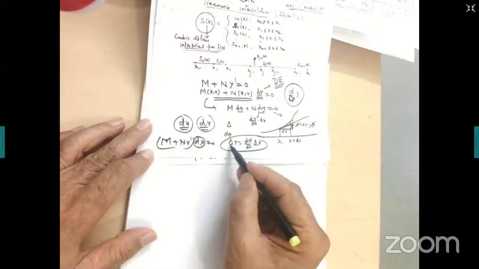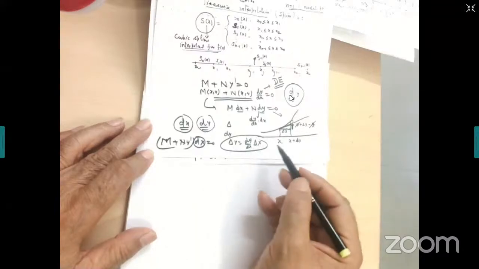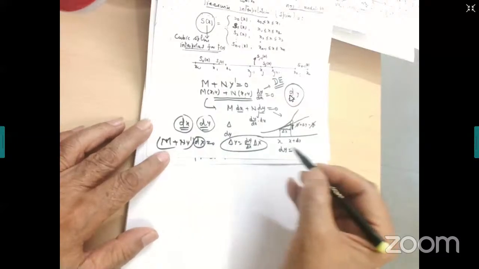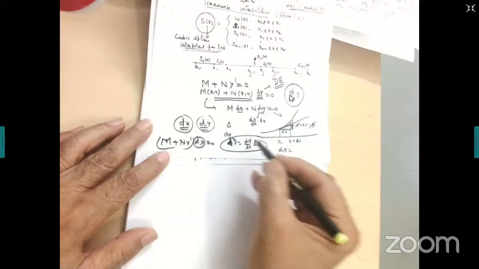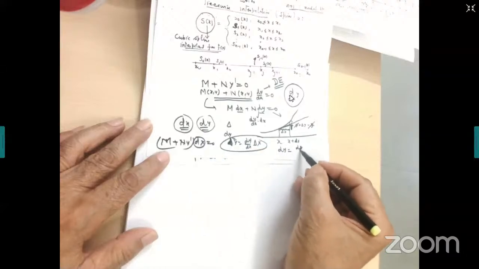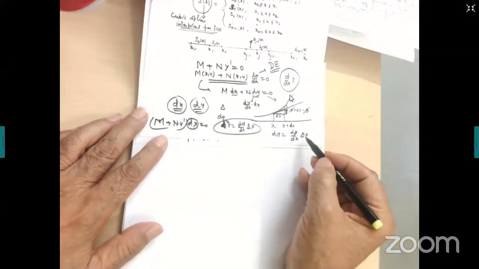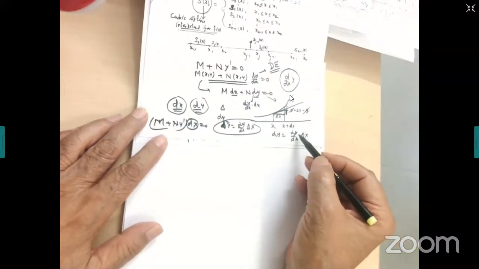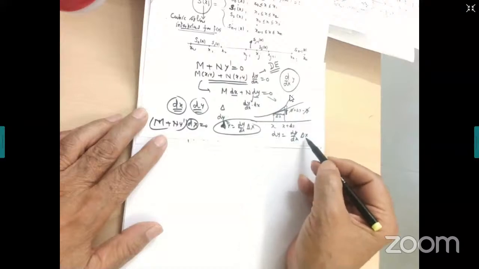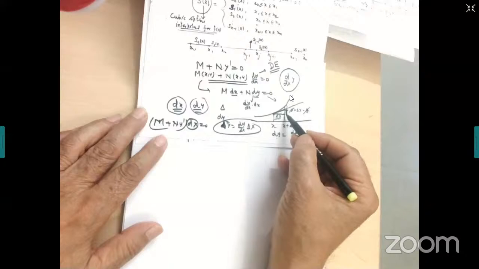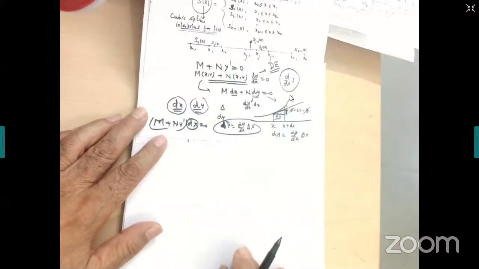When y is equal to x, you can see that dx and delta x are the same. So whether you write delta x or dx, it is the same. Is it all right?